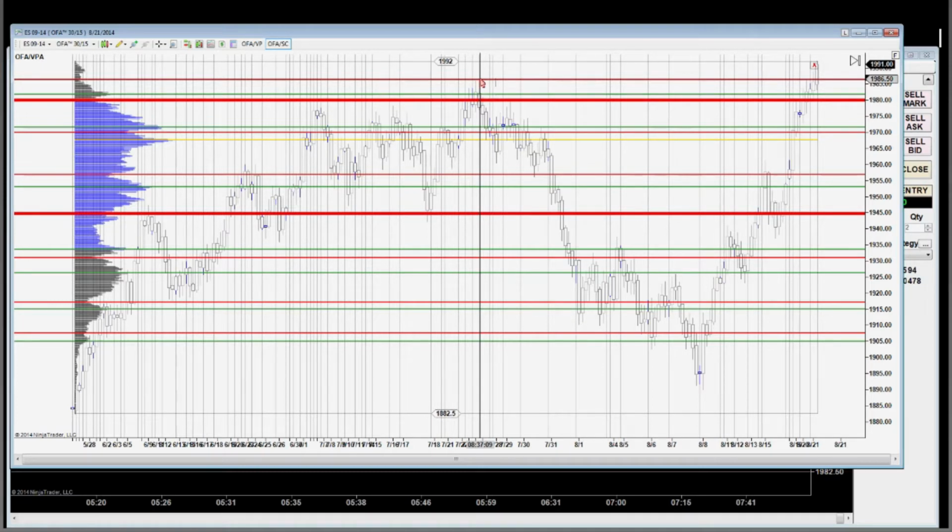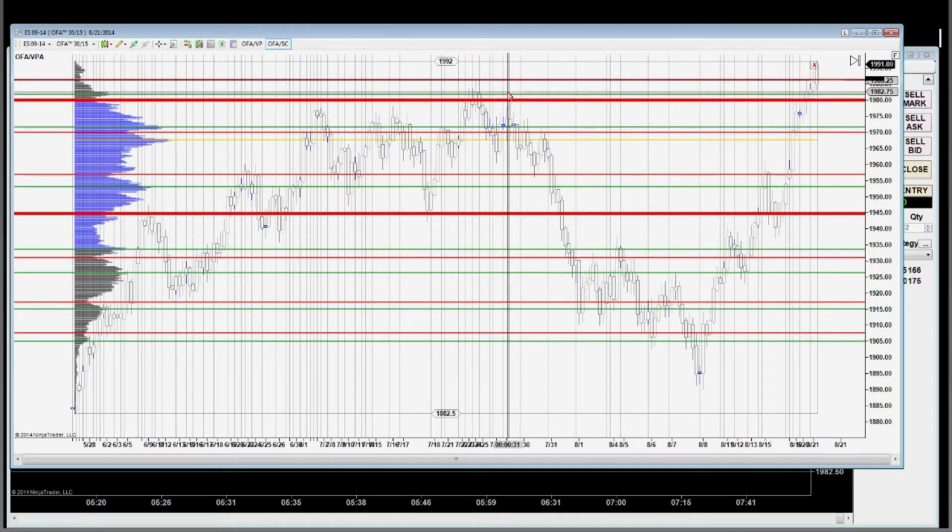Now looking at this volume profile, if we start dropping below 86.50, 86.75 today, and price comes back up to test this and the offer gets weak, and the bid starts to get strong, then I'm going to look for a short back down towards 82.